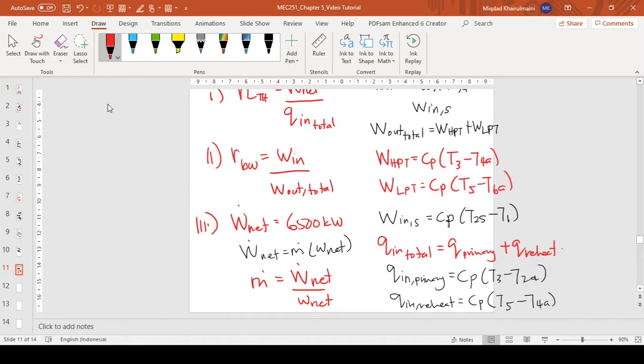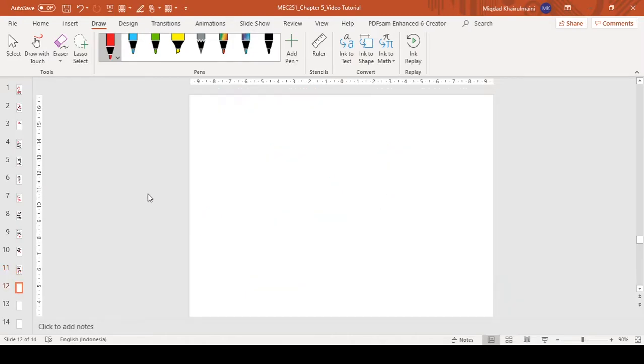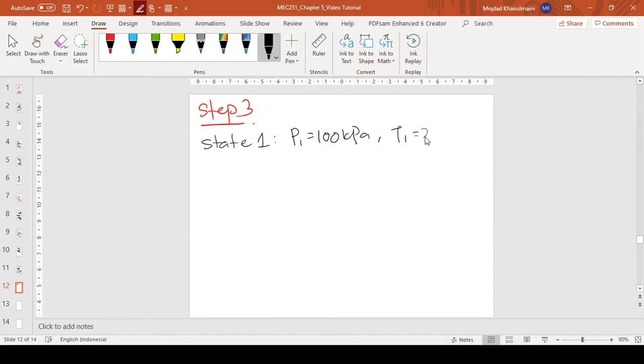Alright, so next we proceed with step 3, which is to find the required properties. So state 1, we know the pressure. So P1 just now was 100 kilopascal, and the temperature was 25 degrees Celsius, but we have to add 273, so we get 298 Kelvin.